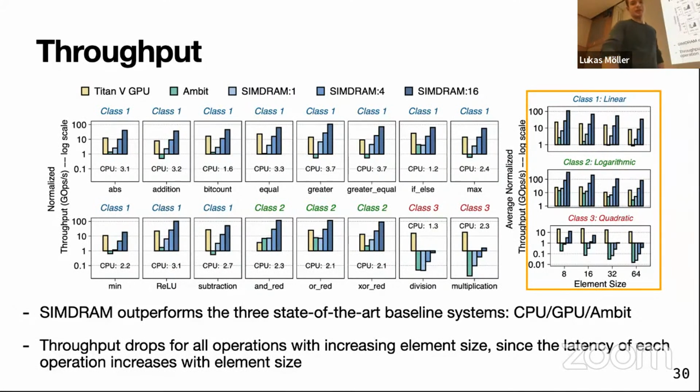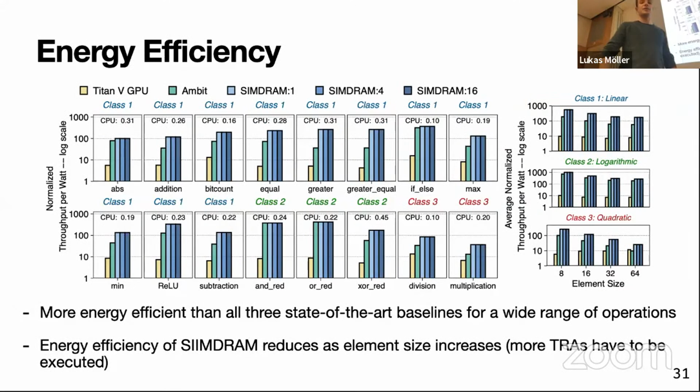But still, SIMDRAM outperforms 3 state-of-the-art baseline systems in most cases, and the throughput drops with increasing element size, since we have to do more work when there are more elements, whereas CPUs might have specialized instructions. Energy efficiency-wise, SIMDRAM also performs pretty well. This is mainly caused by avoiding the costly off-chip round trips to load and store data from memory.